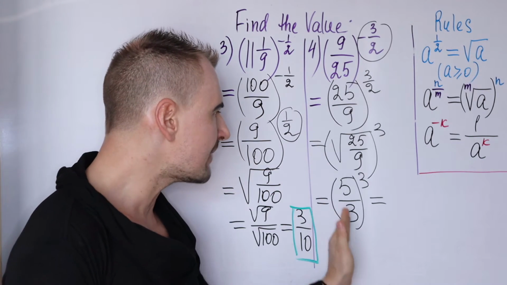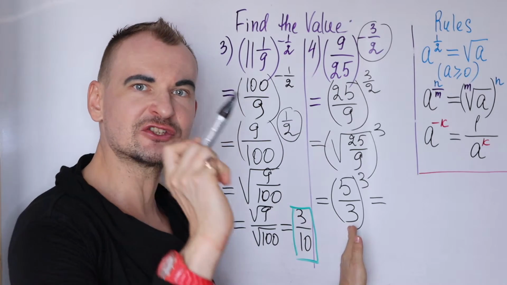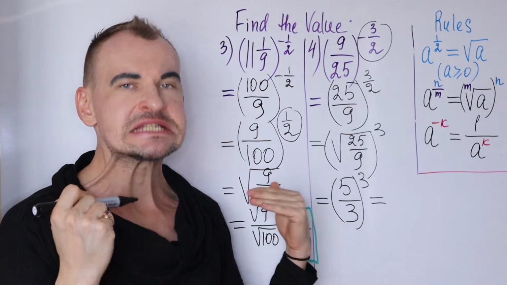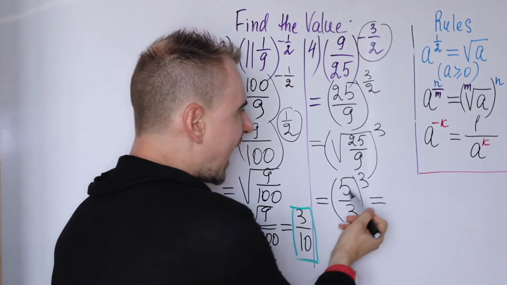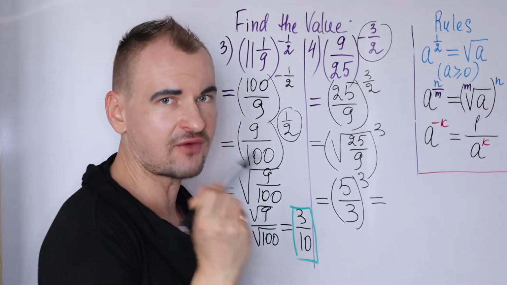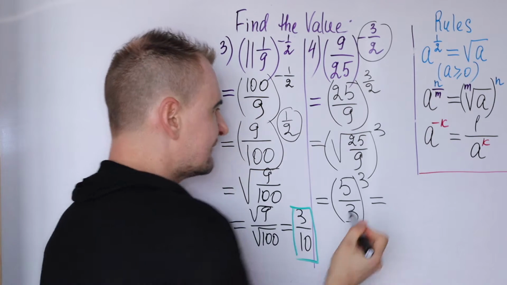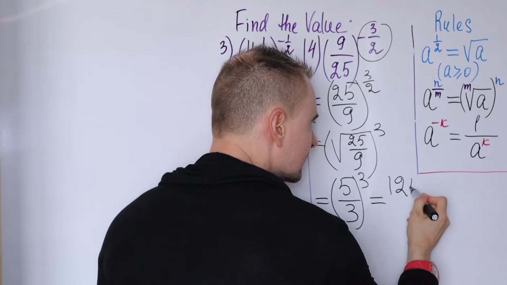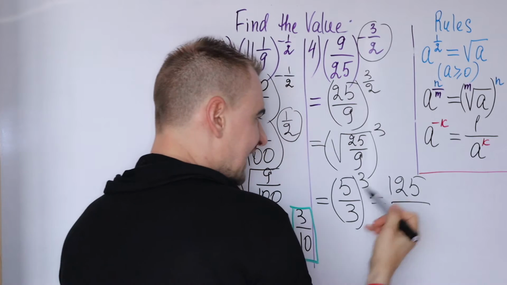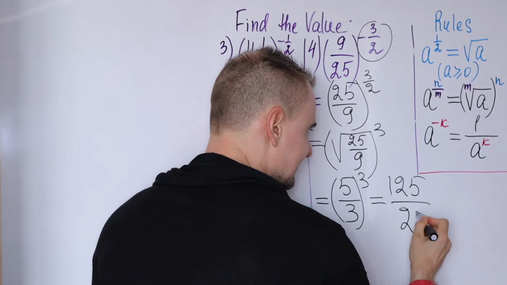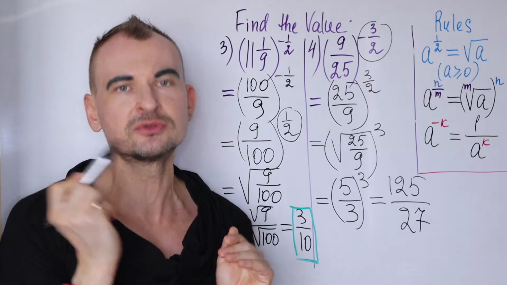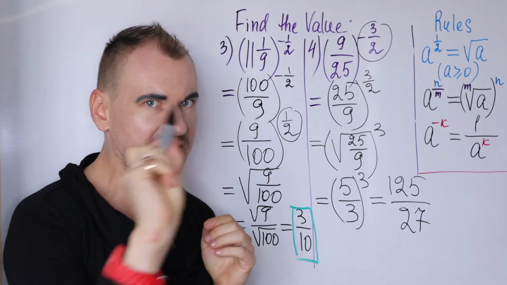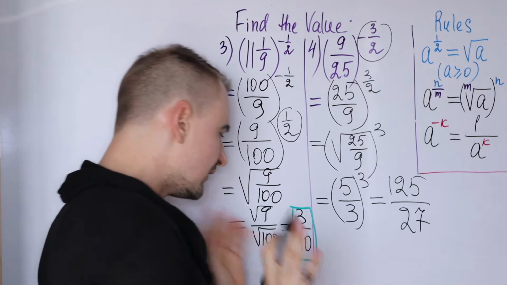So remember, when you are given a fraction and you are raising it to a power, you have to raise the top and bottom separately to the given power. So 5 cubed, just ask yourself 5 times 5 times 5 gives you 125, and 3 times 3 times 3 gives you 27. Again, if it's a little bit difficult to do it in your head, you could simply write it off to the side, and you are good to go.